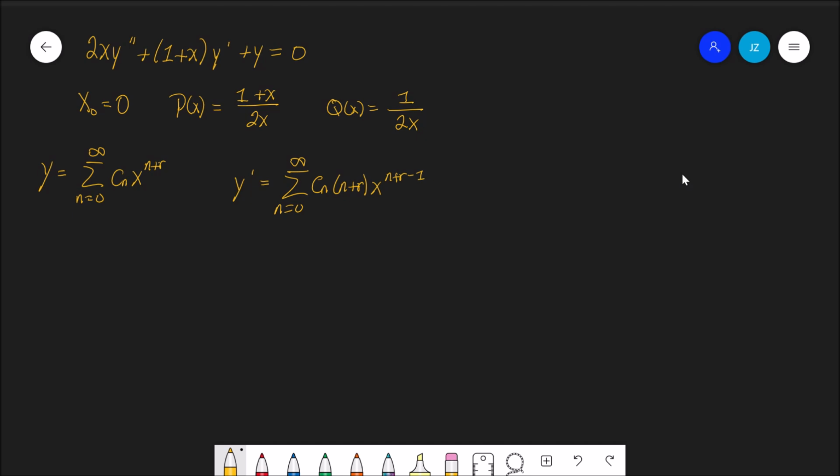Y double prime is the summation n equals 0 to infinity, c sub n times n plus r times n plus r minus 1, x to the n plus r minus 2. We now need to take these three values and plug it in to the differential equation.